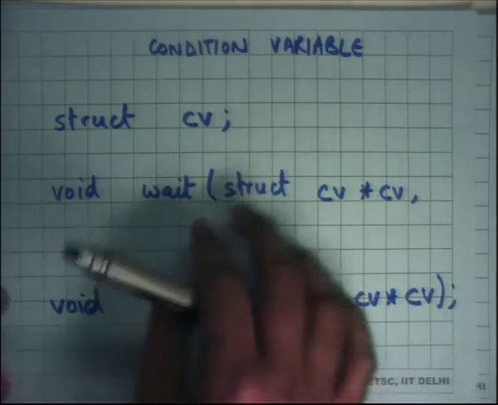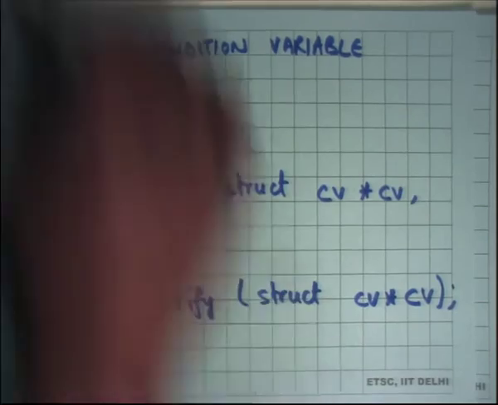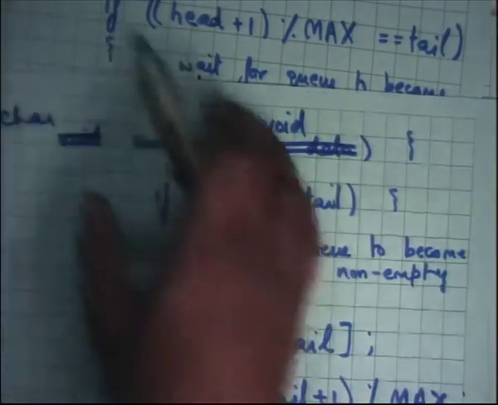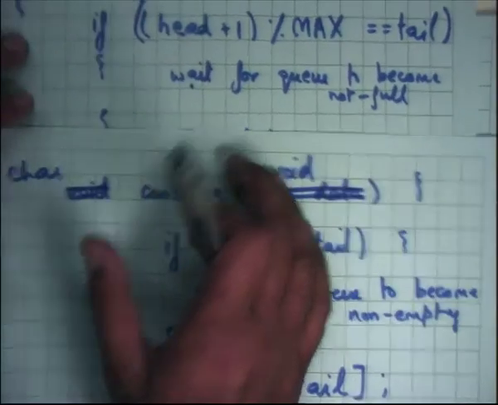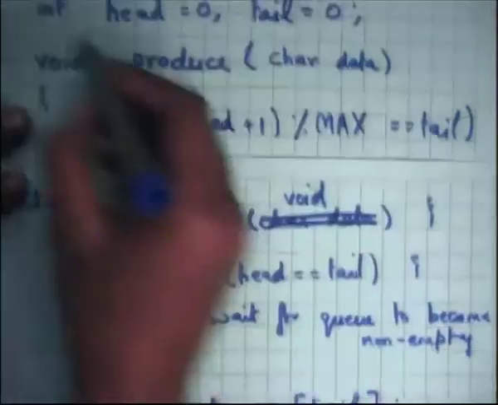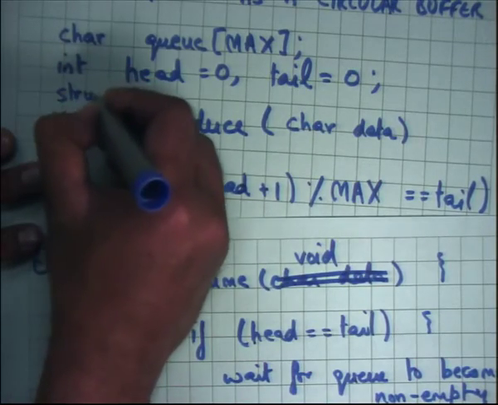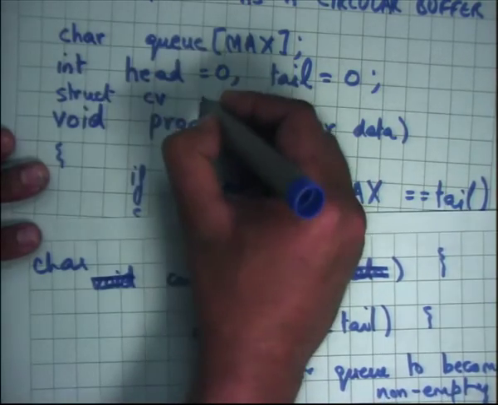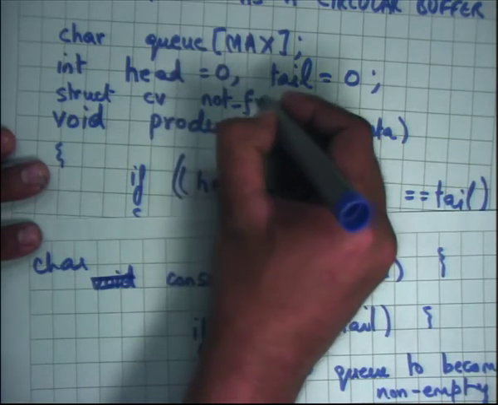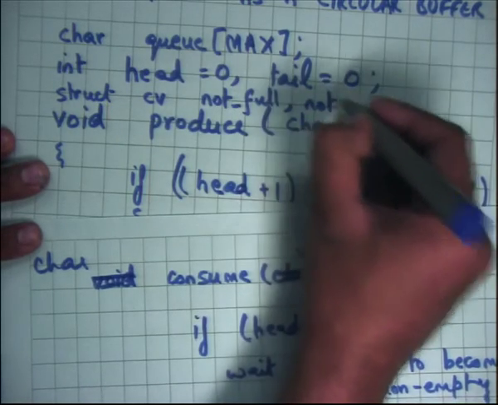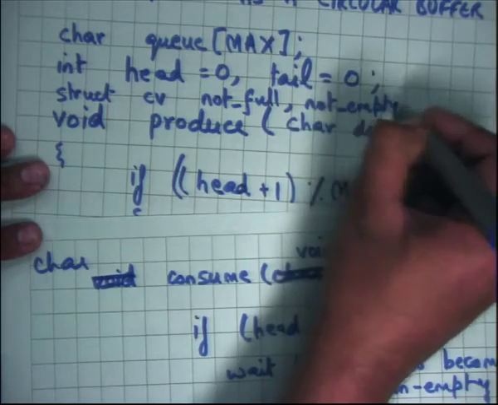But let's just understand the spirit of this abstraction. So the spirit of this abstraction is, in the previous example, the programmer can define two condition variables. So let's say struct CV, there are two condition variables, not full and not empty, right?